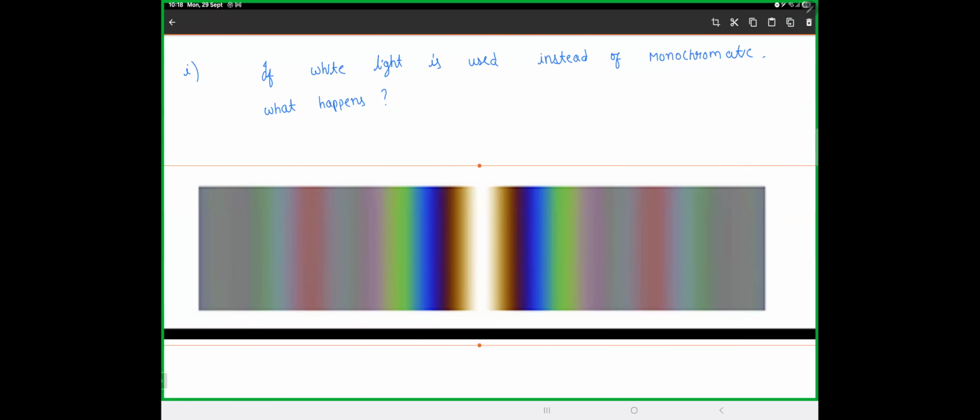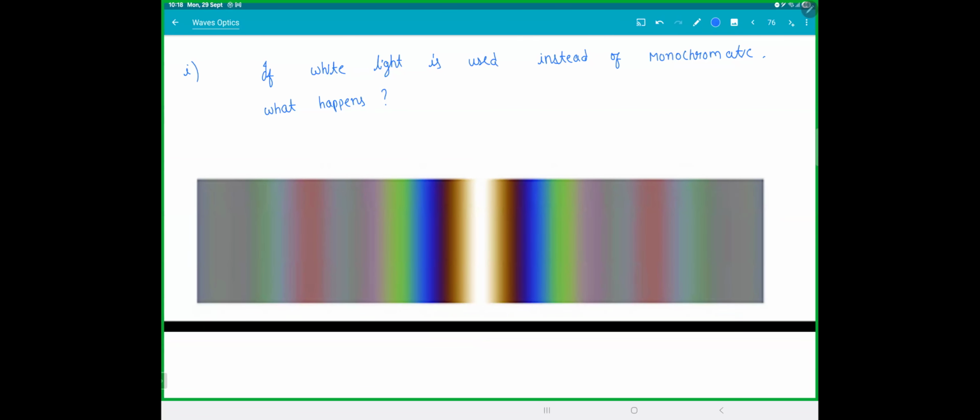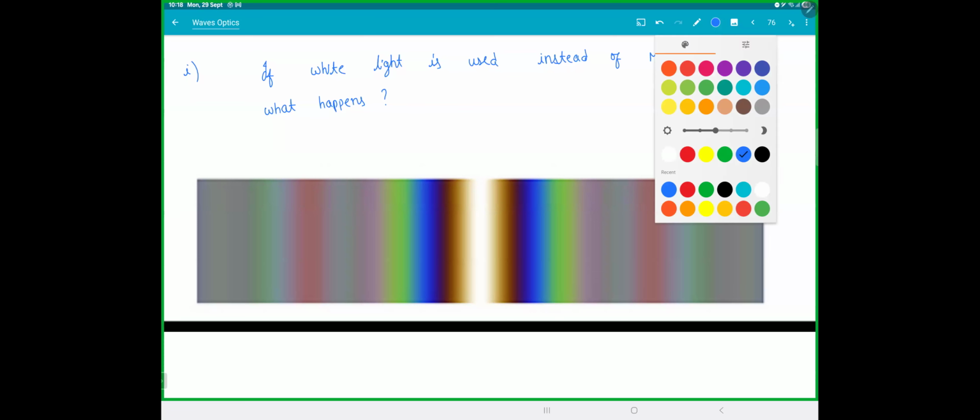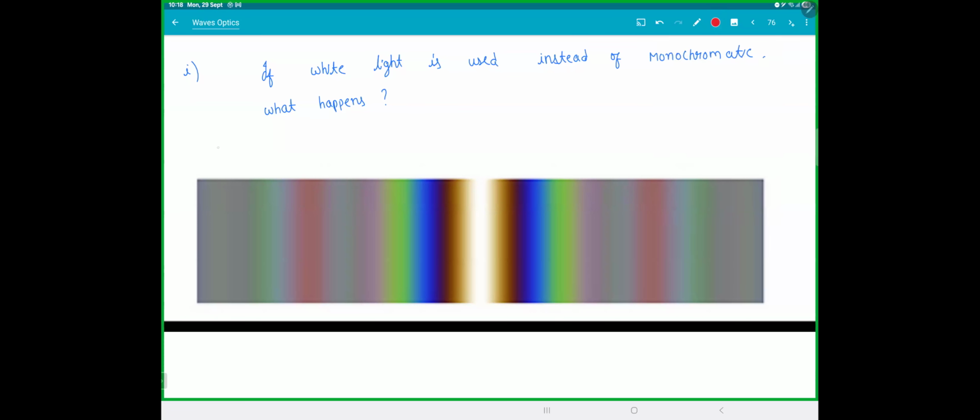So at some places, the red's dark spot may have violet, violet's dark spot may have something else, and so on. White light has all wavelengths, so all the fringes will overlap. We don't see any proper pattern.